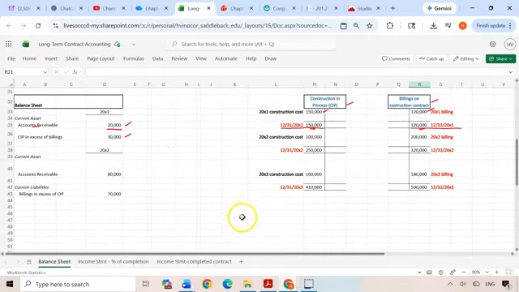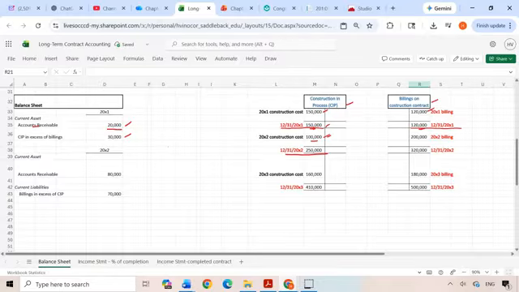So let's just go to the year two balance sheet. In year two, we incurred costs of $100,000. Let's go to our T accounts right here. So we're going to debit our construction in process for $100,000, and now our balance in our construction in process account is $250,000. It's the $150,000 from year one plus the $100,000 from year two.